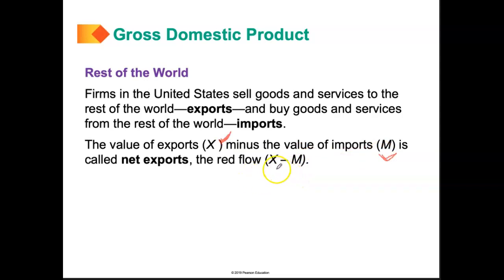Since we're looking at GDP, remember, we said GDP is what is produced in the country, so we need to subtract our imports from our exports.